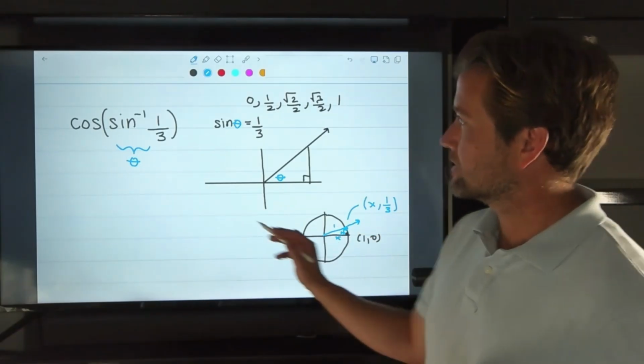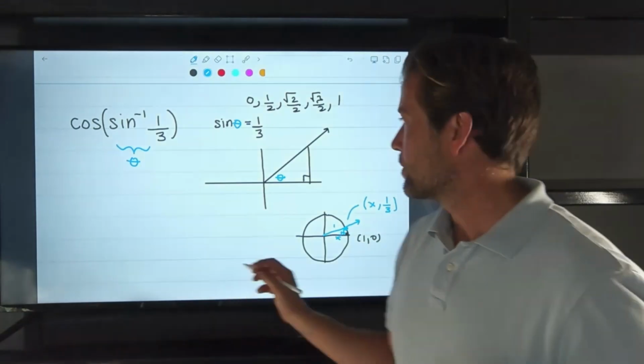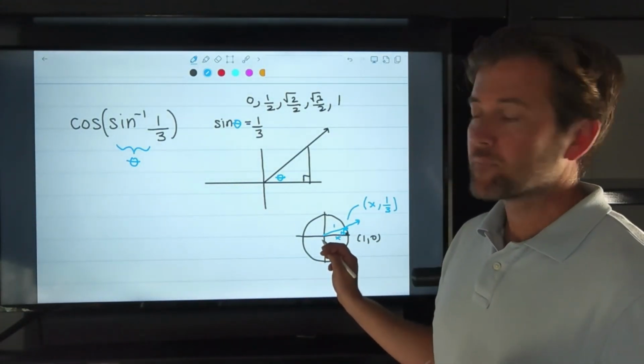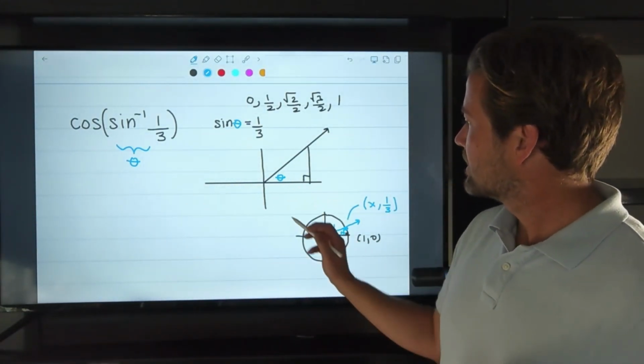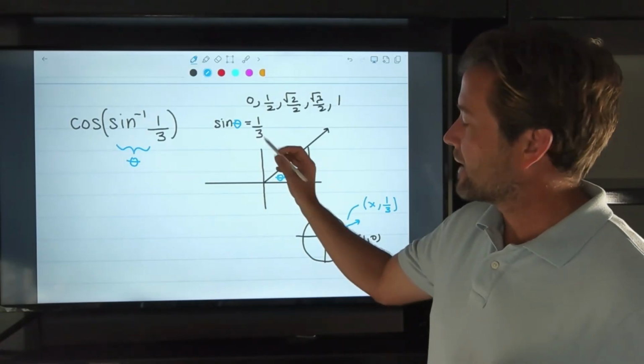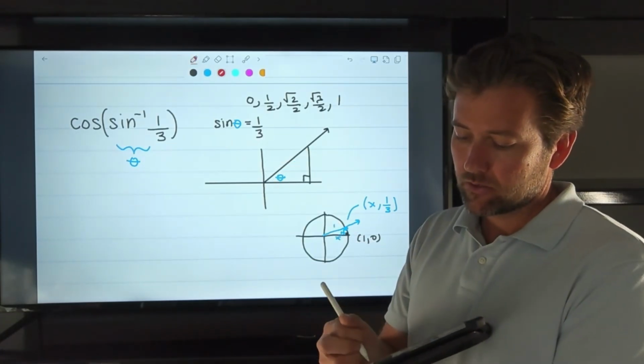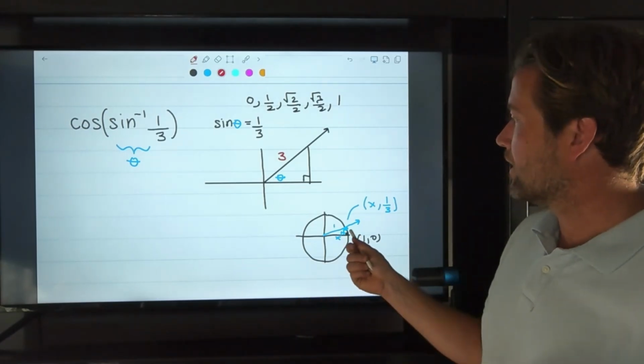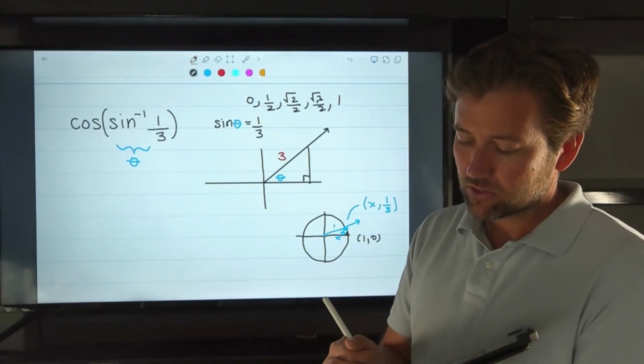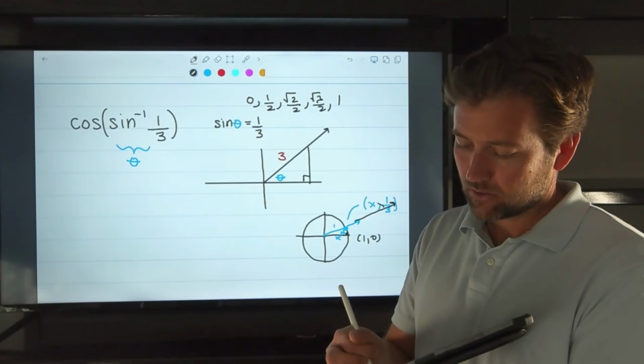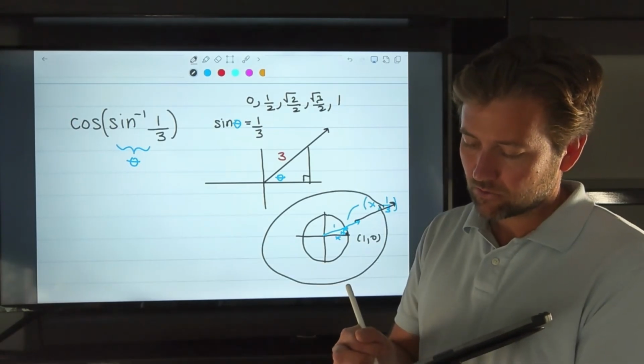I need to know what x is because the cosine of the angle would be this x coordinate on the unit circle. I'd rather just make this 3 my hypotenuse. So rather than having a hypotenuse of 1 and doing a unit circle, I'm really just extending this angle and drawing a circle with radius 3.